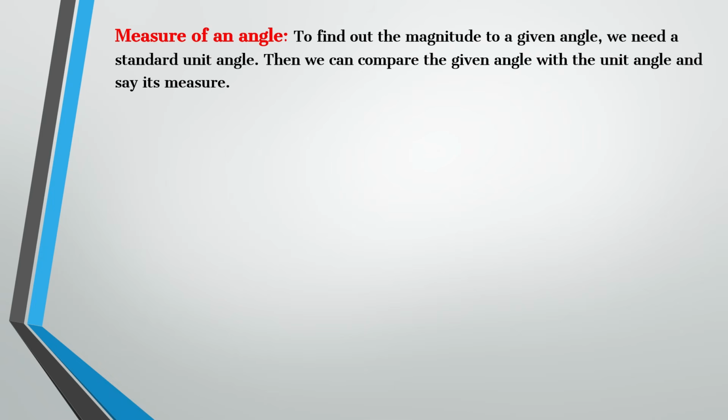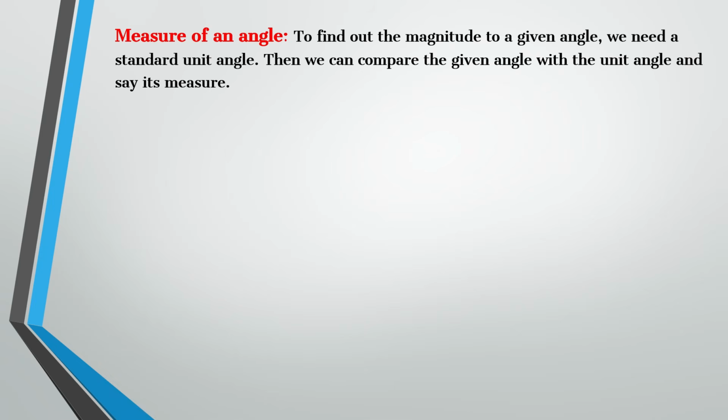See, just like when a line segment is given to us, to measure its length we use a centimeter scale and we use centimeters. In the same manner, to measure the length of the class, we use meters as a unit. Likewise, to measure an angle also, we use a certain unit, which is called degrees.